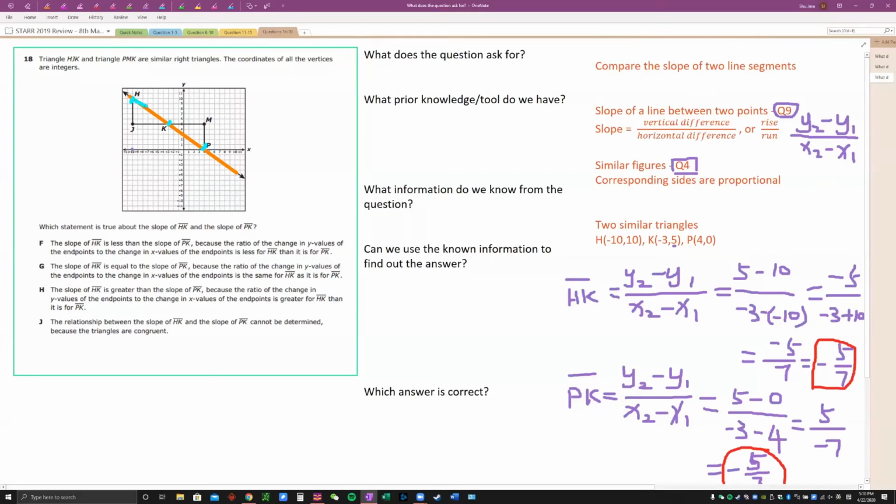So the slope between H and K and the slope between K and P, or even if I pick another point, say Q here, the slope between P and Q will always be the same, because they are on this one same line, and the same line has the same slope.